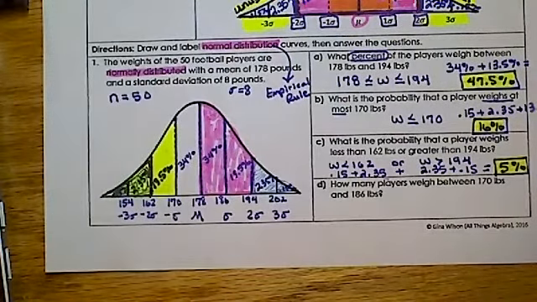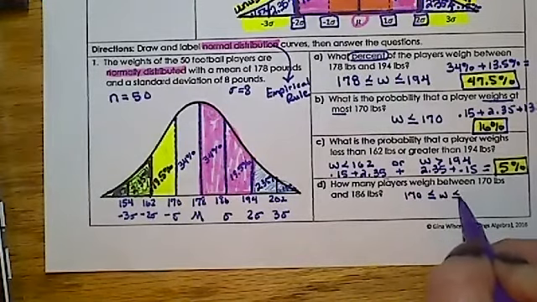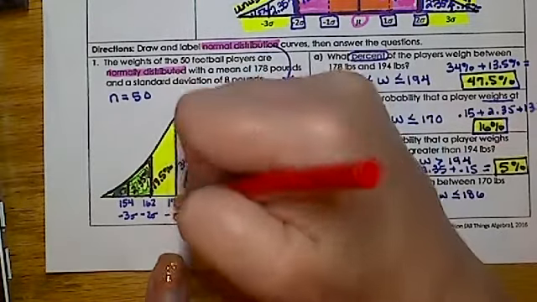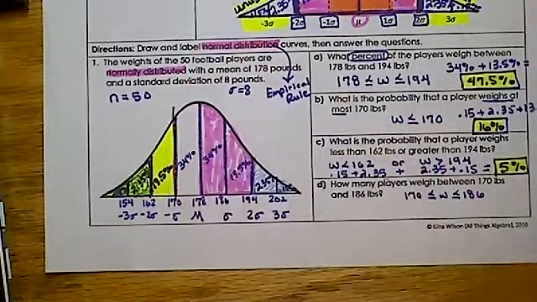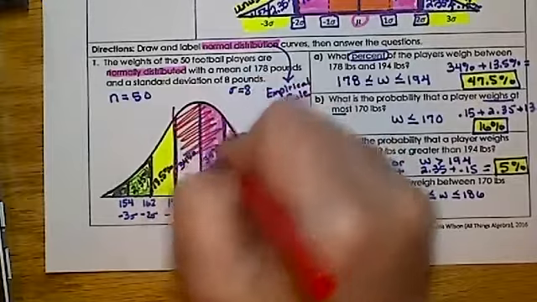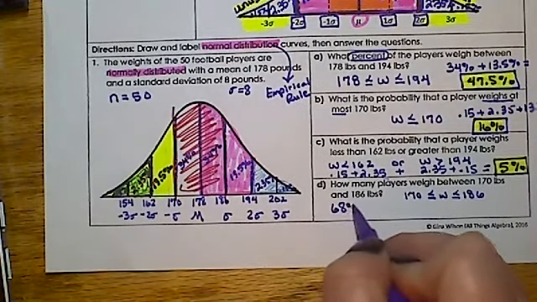Now it's asking how many players weigh between 170 pounds and 186 pounds. See if you can get your percentage. There's 170, and there's 186. So it looks like that area is going to be 68%.